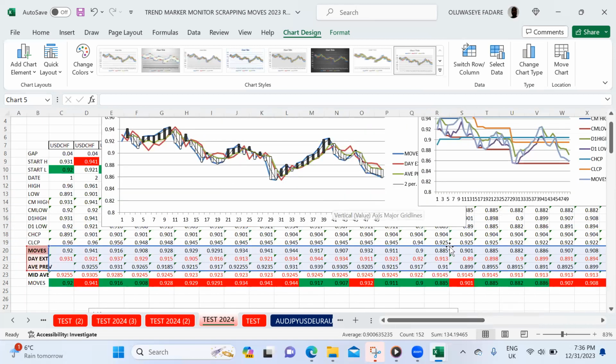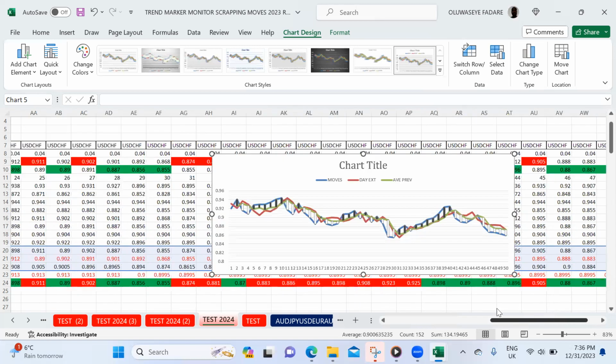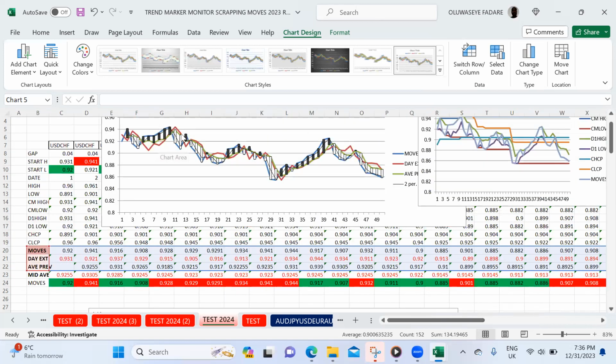So let me go back to what I've done before. Okay, so that's the picture. Even with this information, you'll be able to know the trend of the market and also identify the peak prices of the market. You can see that the market has been changing from this position downwards until it got to the lowest point at this point, and then went back up before coming down. So this shows the move of the market.